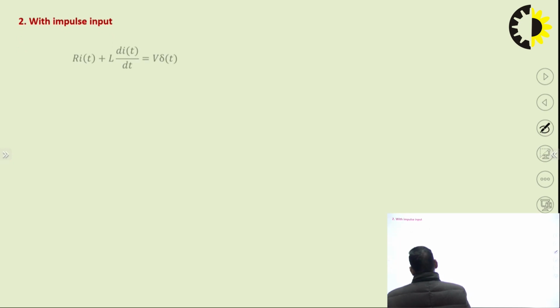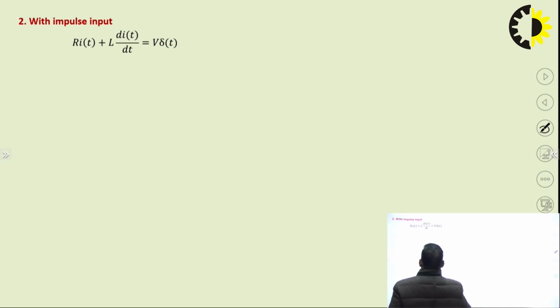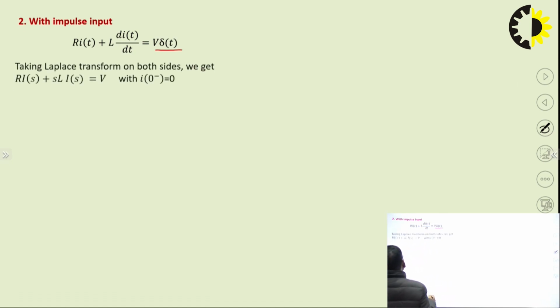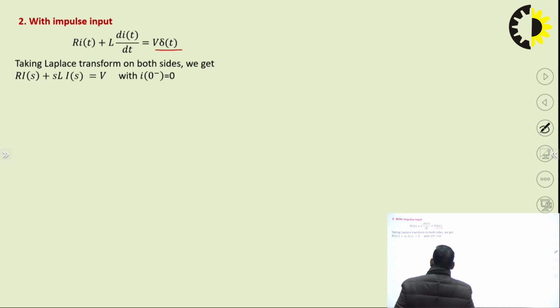A similar analysis can be done if the input is an impulse. So, in place of u(t) it is delta t. The switch is closed, we write Kirchhoff's voltage law, and we get this differential equation. To solve this differential equation we take the Laplace transform, and we also note that the initial current through the inductor is 0.